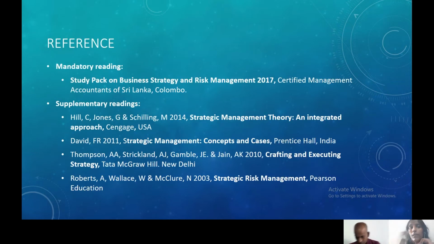Also, one more thing. According to CMA, the mandatory reading is your study pack on business strategy and risk management. They have also prescribed certain supplementary readings. If you have time, I know you are all very busy with work and studies, just read Strategic Management Theory by Jones and Schilling, and also David's Strategic Management Concepts and Cases.